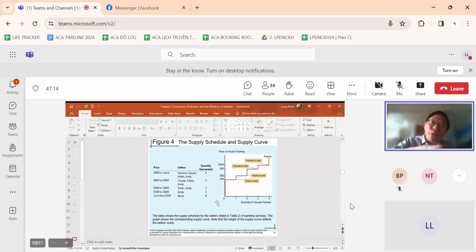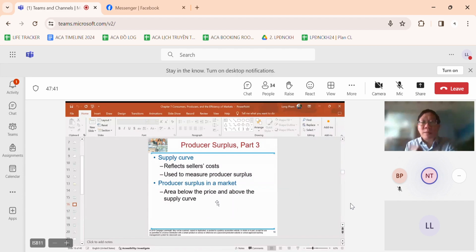And as we study in the textbook, the supply curve or demand curve is a straight line because there are many buyers or many sellers in the market. It's just like in mathematics, we have continuous data and discrete data. Continuous is something like a straight line function. That's right. Good.